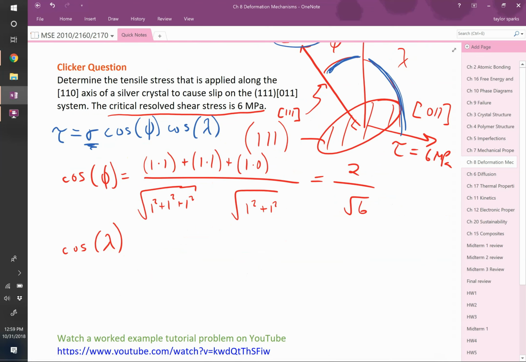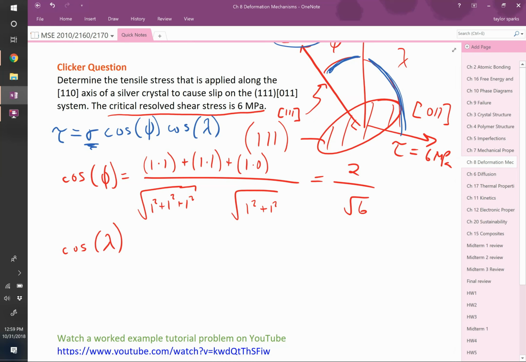Anybody need help? Is it for the lambda, the dot product between 111 and 011? Nope, it's going to be between 110, that's the loading direction, and the slip direction 011. So, for lambda, yeah, 110 and 011. What's up, Bryce?